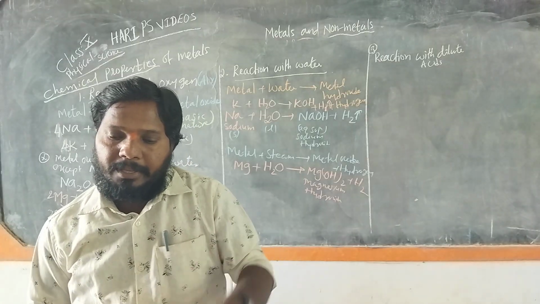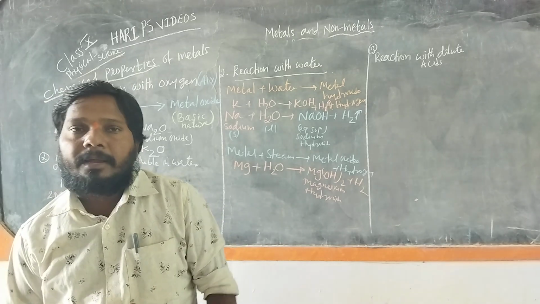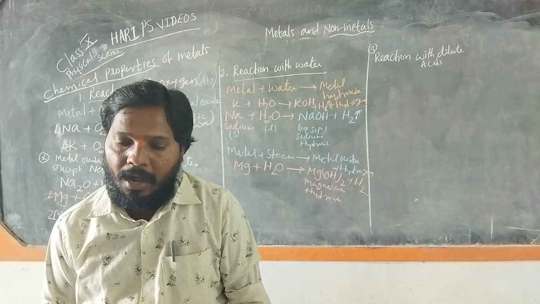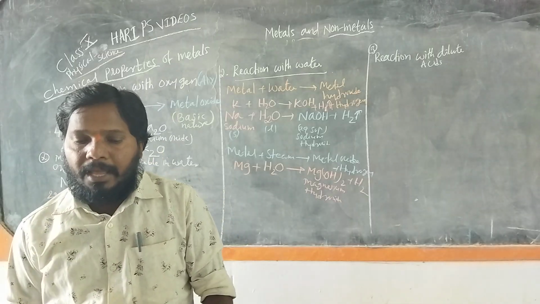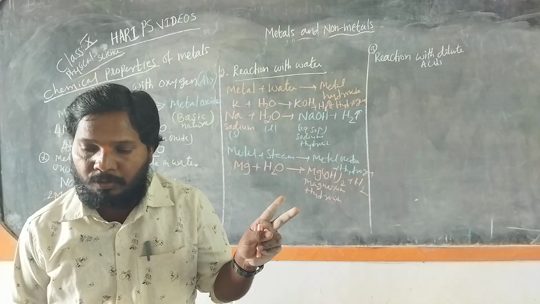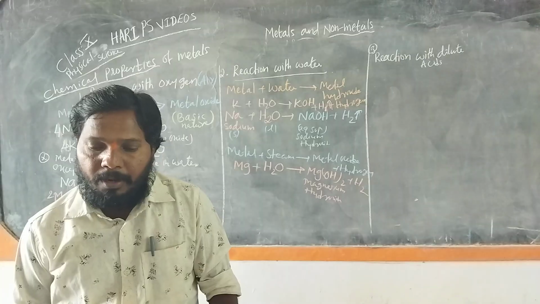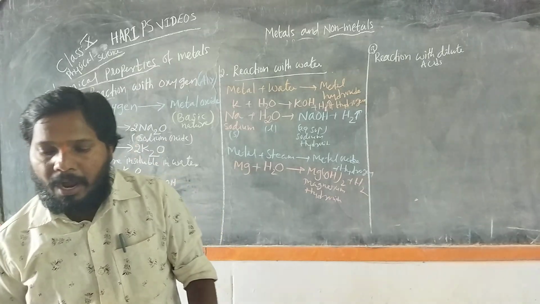So magnesium reacts very rapidly with steam to form magnesium oxide and hydrogen. Metals like aluminium, zinc, iron do not react with cold and hot water, but they react with steam to form a metal oxide and hydrogen.